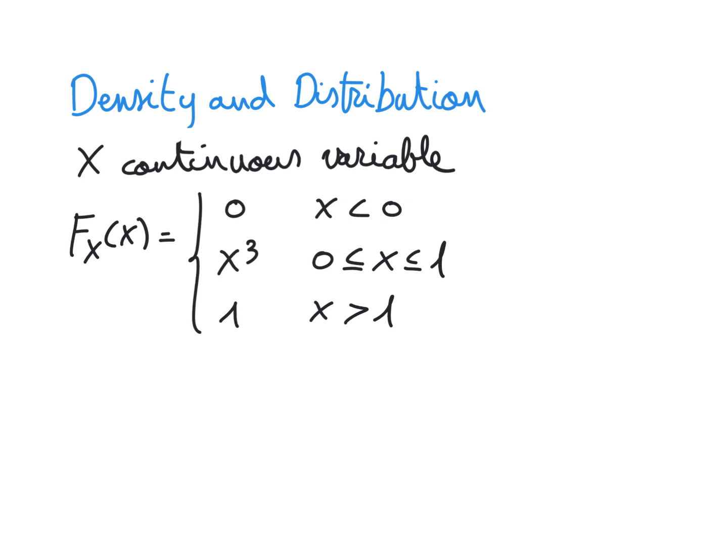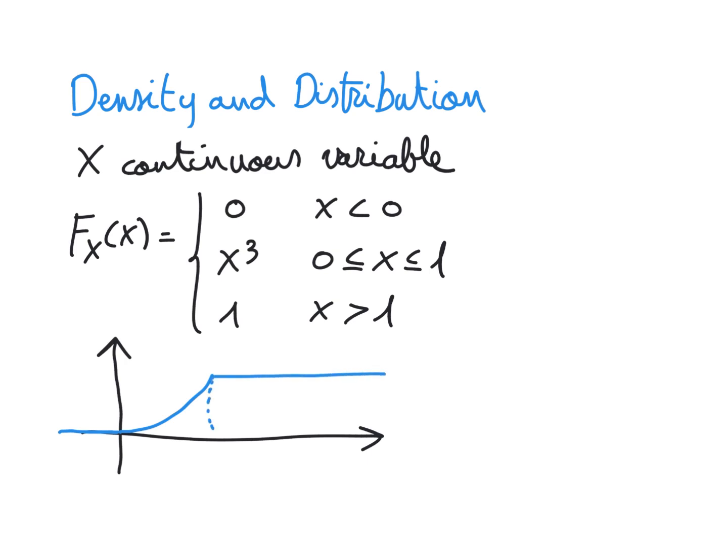What does this function look like? Well, something like this. So if we draw the graph, we have 0 for all x's below 0, then x to the power 3 looks something like that, and then it's equal to 1 for all x's larger than 1. Now in this case, the graph isn't that important, as the probability density function and the area under the graph represented certain probabilities.